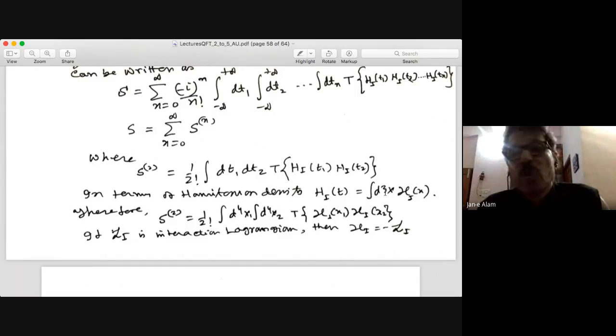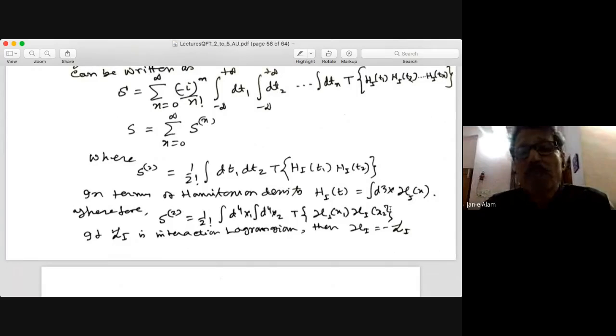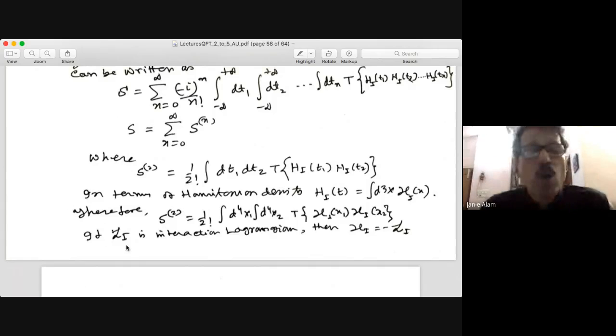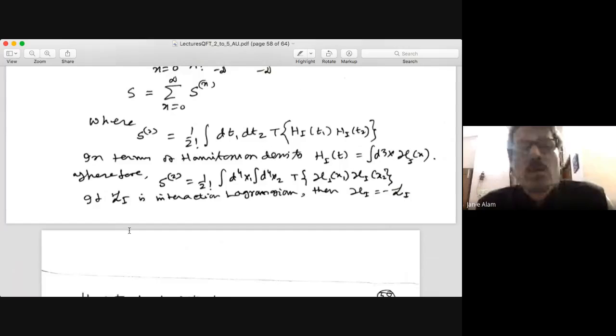So this HI will be d cube x, the integration over the volume of this Hamiltonian density. Therefore, this S2 I should be able to write, already T integration is there, and d cube x will come. So there will be d4x integrations of this time ordered product, because always we write down the Lagrangian density for a continuous system, right?